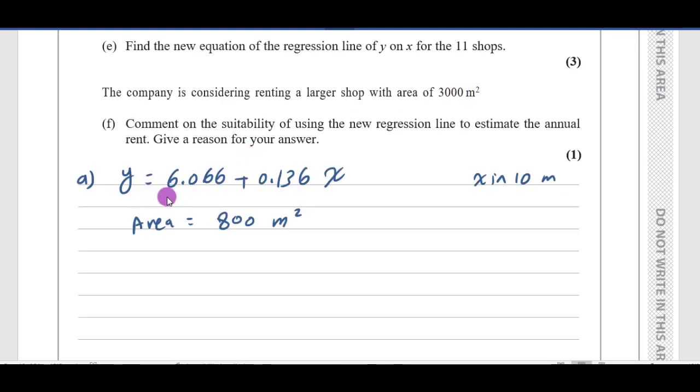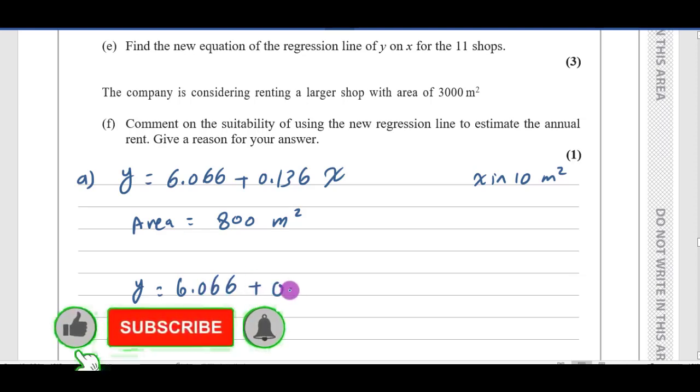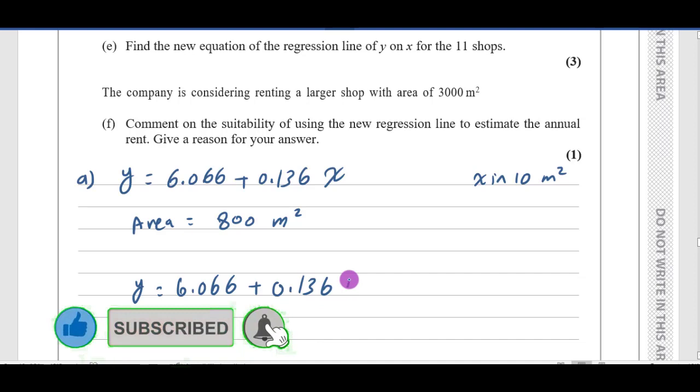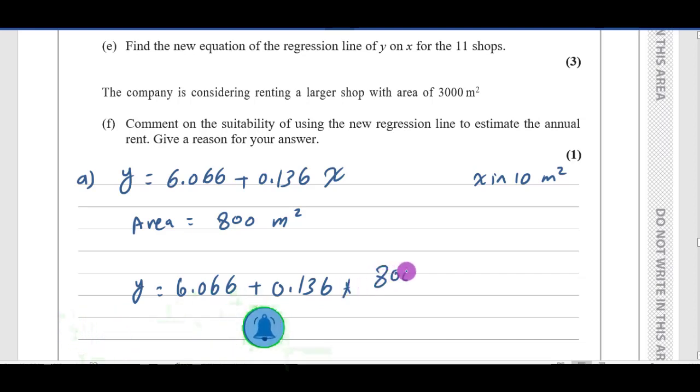Now Y equals 6.066 plus 0.136 multiplied by 800 divided by 10, because X is in 10 meters squared.